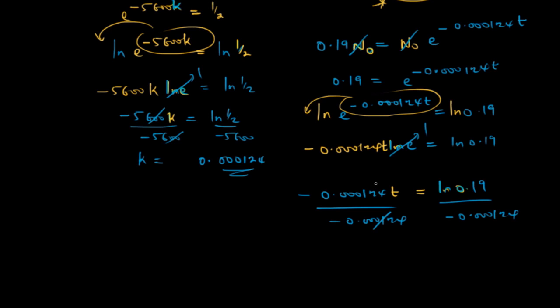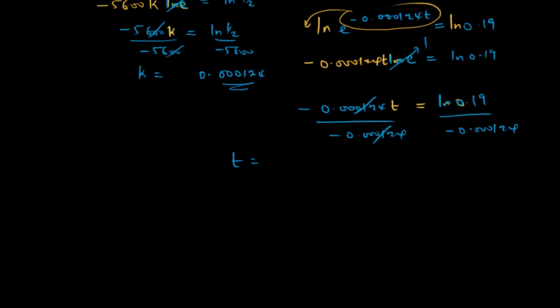So this goes off, and your t is going to be the ln of 0.19 divided by negative 0.000124.